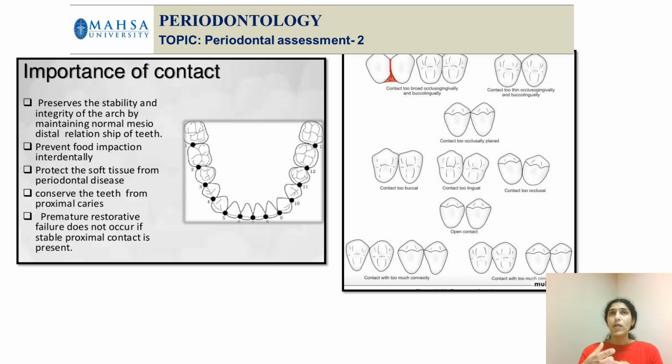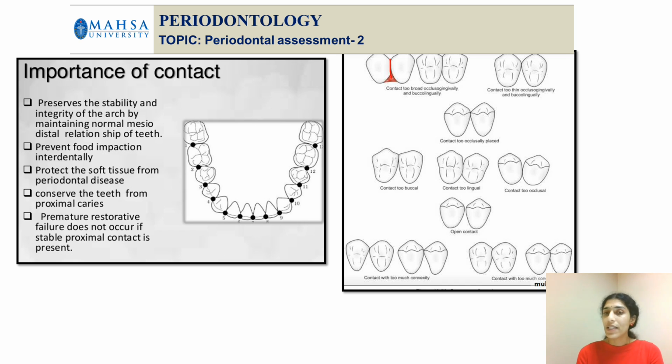Any contact point has two directions: mesiodistally as well as occlusogingivally. You have to check both when examining the proximal contact, because food impaction can happen not only vertically but also laterally. So the buccolingual aspect also has to be verified. These things are very important.